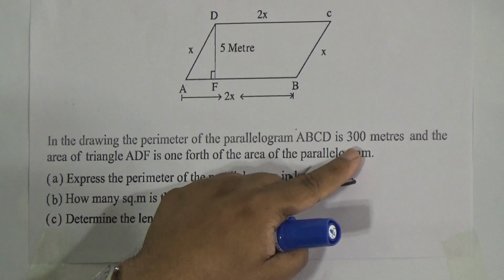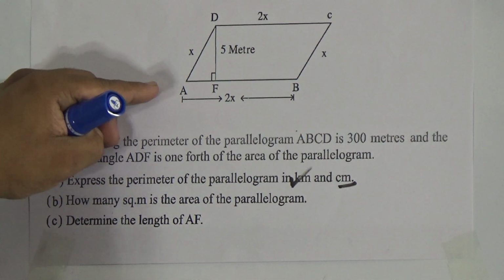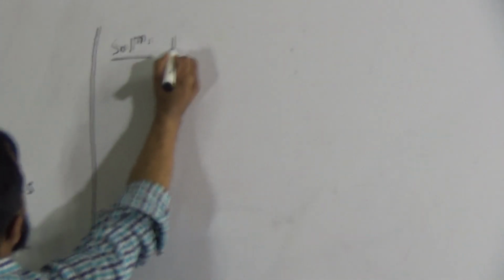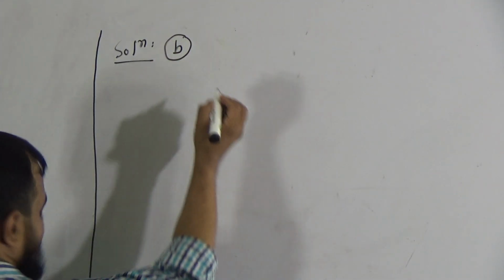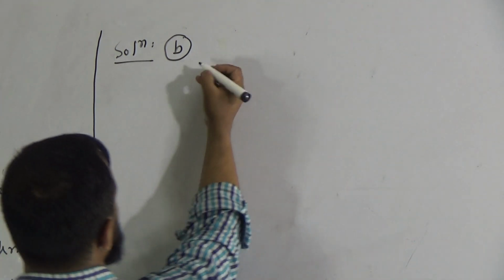And to find out the value of x, my dear students, the perimeter is given here, 300 meter, and we know that the perimeter is equal to 2 multiply the two adjacent sides of the parallelogram. That means we can write down, for the solution of activity B, the two adjacent sides of a parallelogram multiplied with 2 is the perimeter.